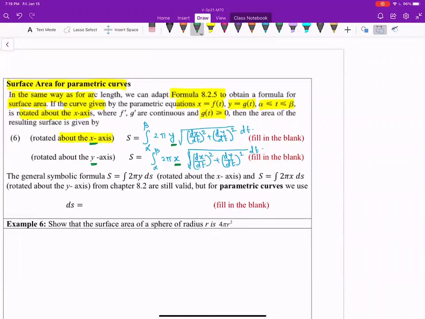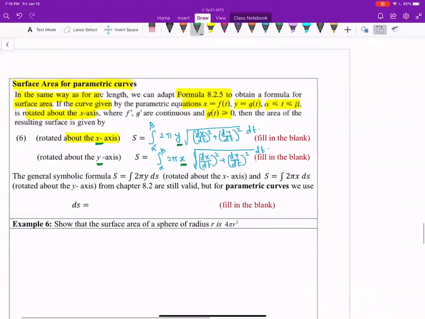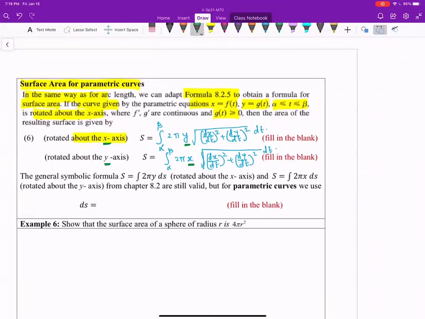The general symbolic formula S equal to integral 2 pi y ds rotated about the x-axis and S equal to integral 2 pi x ds, which is rotated about the y-axis. So notice here if it is rotated about the x, it's y here. This rotated about the y, it will be x.